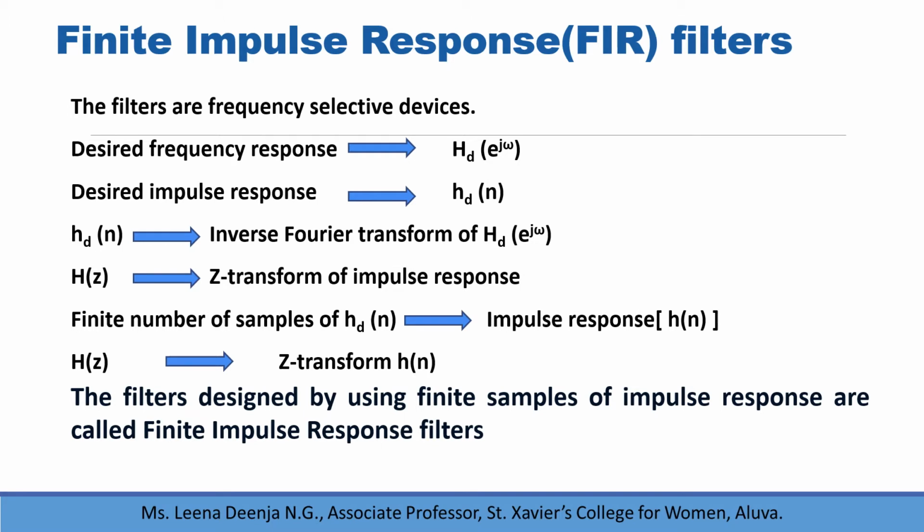Therefore, a finite number of samples of hd(n) are selected to form the impulse response h(n). The transfer function H(z) is obtained by taking the z-transform of the finite samples of the impulse response. The filter designed by using finite samples of the impulse response is called an FIR or finite impulse response filter.